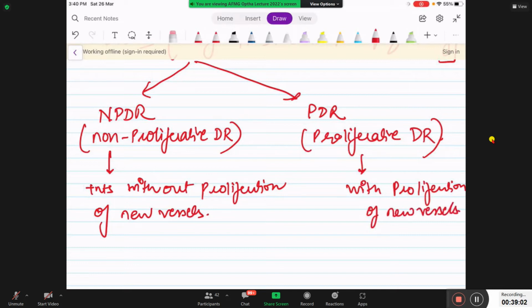They present with proliferation of new vessels. Okay.